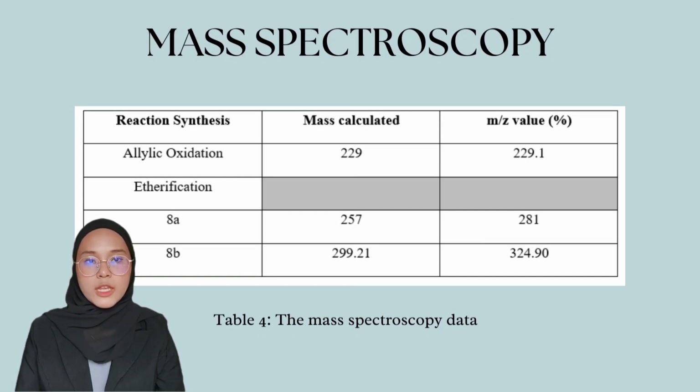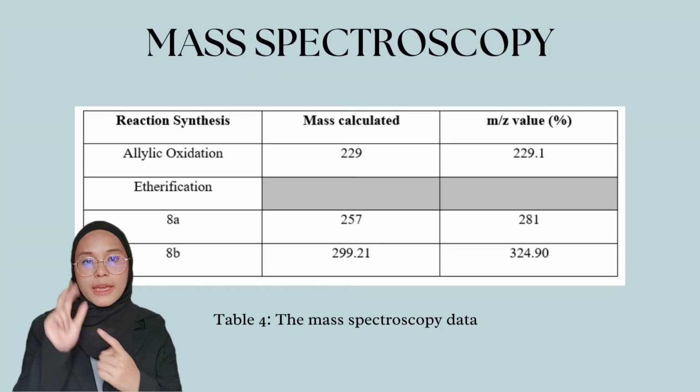From the m/z value, the molecular weight shown was 281, which is the weight of the compound with the addition of 1 sodium and 1 hydrogen. And lastly, for compound 8B, the molecular weight calculated was 299.21. From the mass spectroscopy, the molecular weight shown at 324.90 is the weight of the compound with the addition of 1 sodium and 2 hydrogen.